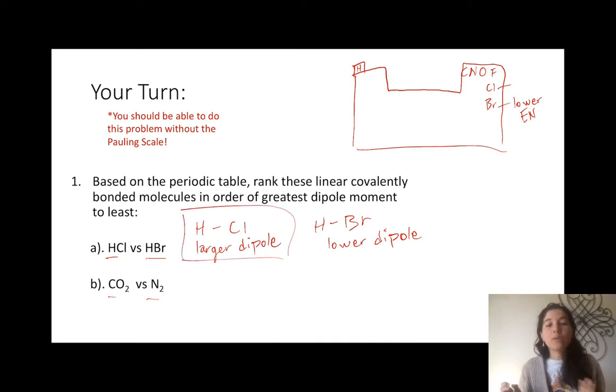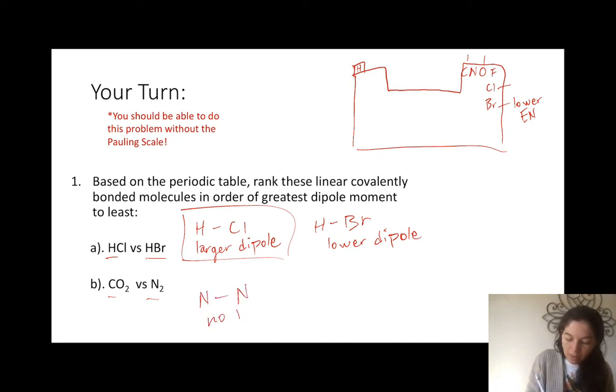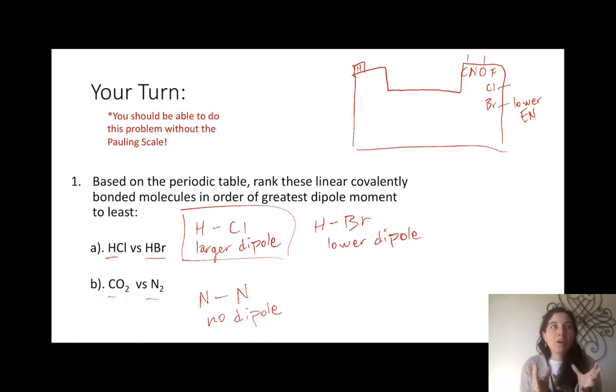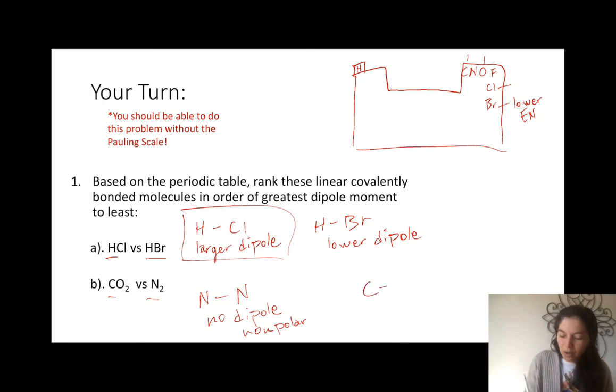The next one, CO2 versus N2. If we look here, here's our carbon, here's our oxygen. There's definitely a difference here. Whereas with nitrogen, there's going to be no dipole at all, no difference. This is nonpolar, whereas our carbon to our oxygen does have a dipole moment.